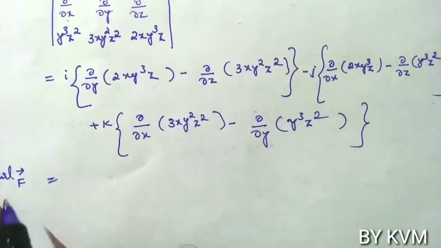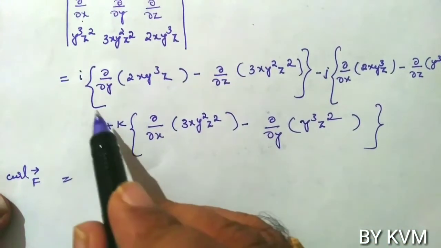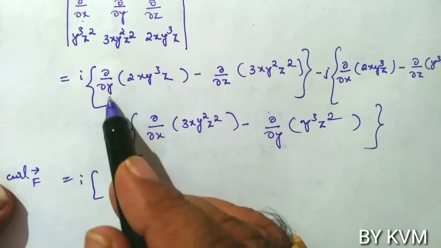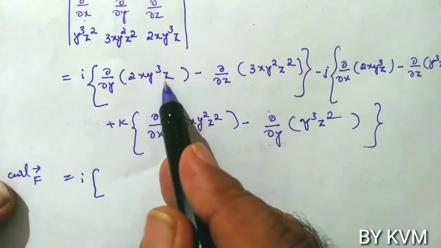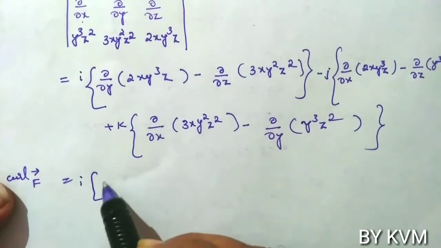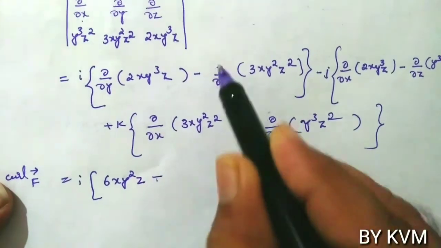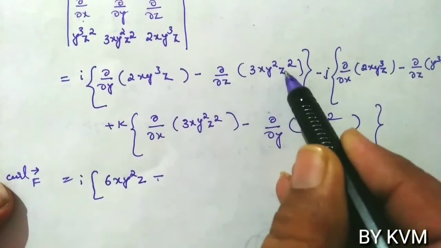Now simplify further. So curl of vector f equals i into ∂/∂y of 2xy cube z. So x and z are constants, so it is 6xy square z, minus ∂/∂z of 3xy square z square.